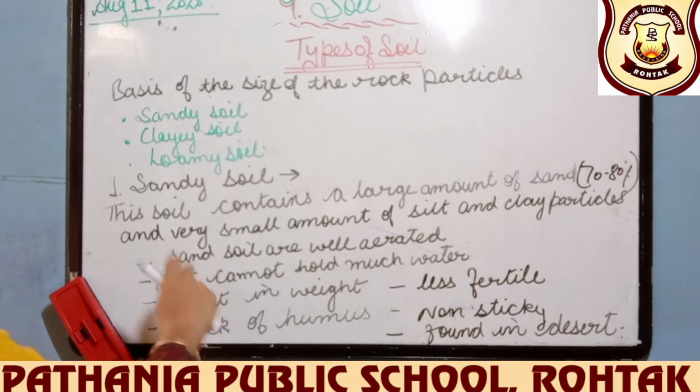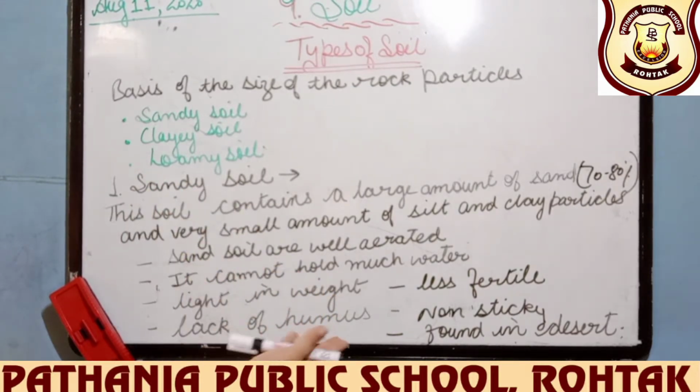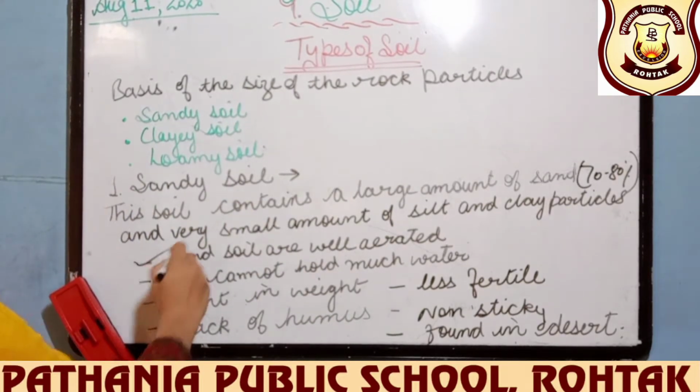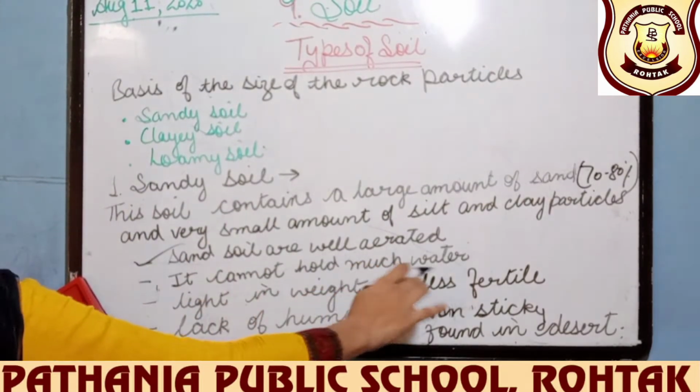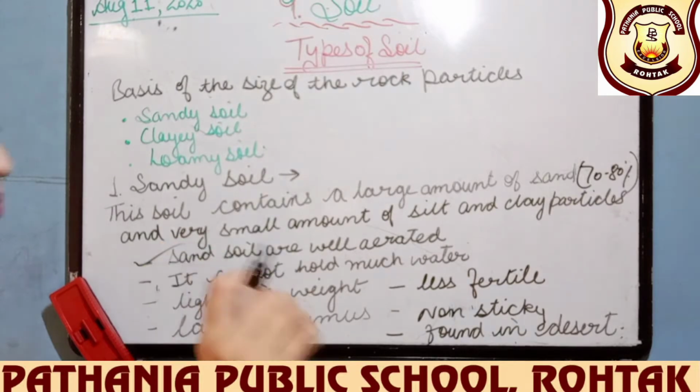Sand particles are quite large, so they cannot fit closely together and have large spaces between them. They are very porous and cannot hold much water.